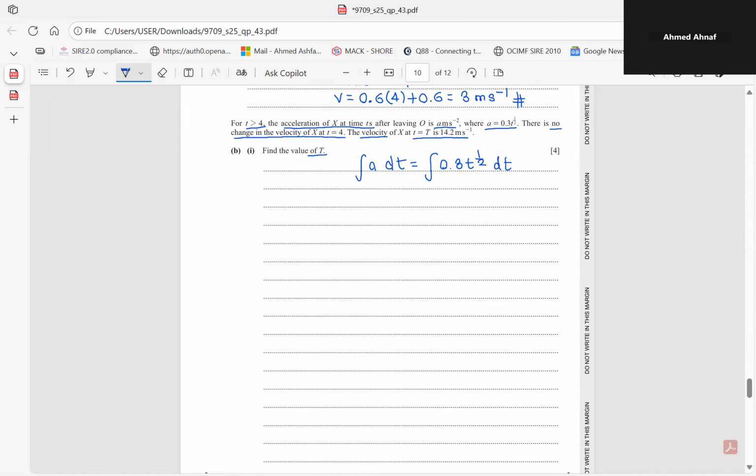So integrating acceleration with respect to time, you get v, because acceleration is equals to dv/dt. So integrating 0.3 times t to the power of 1/2, keep the 0.3 since it's a constant. Integrating half, you would plus 1 to the power, so that is 3 over 2 divided by the new power, 3 over 2, plus c.